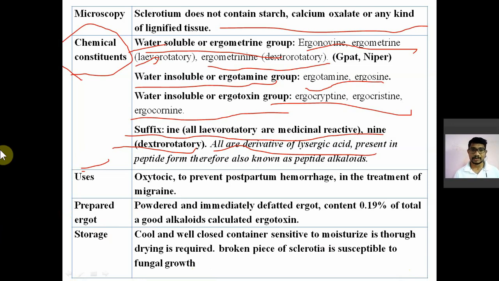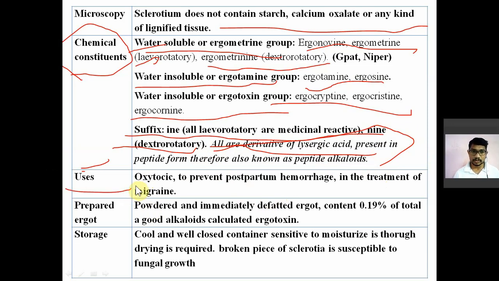Opium alkaloids are present as salts of meconic acid. Ergot alkaloids are present as salts of lysergic acid, and cinchona alkaloids as salts of quinic acid. Remember this again. इसके ऊपर भी क्वेश्चन आ सकता है.